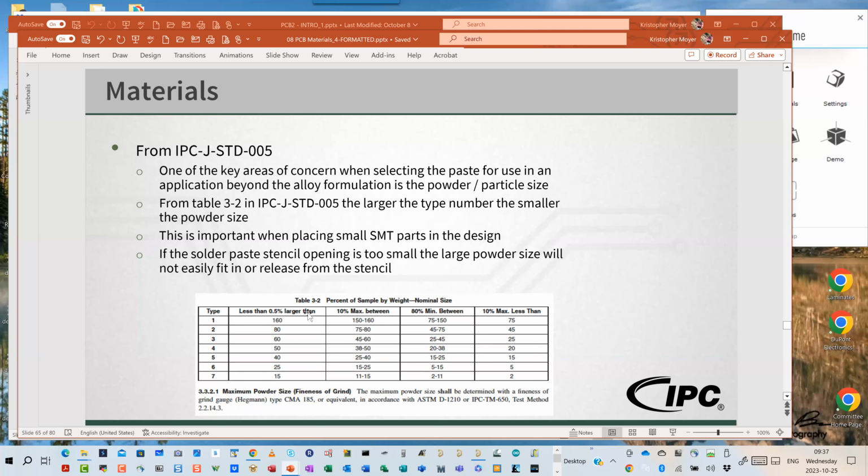But as my parts get smaller and smaller, the size of that opening obviously is going to get smaller. The opening for an 0201 resistor is significantly smaller than a 2010 or a 1210 type of resistor. So if I try to use an older solder paste that was meant for those larger pads, literally the size of the powder particles is not going to easily fit in there.